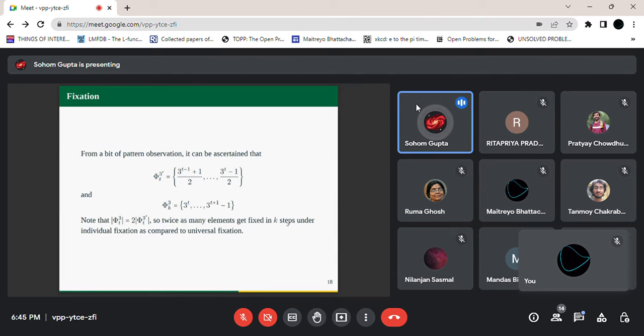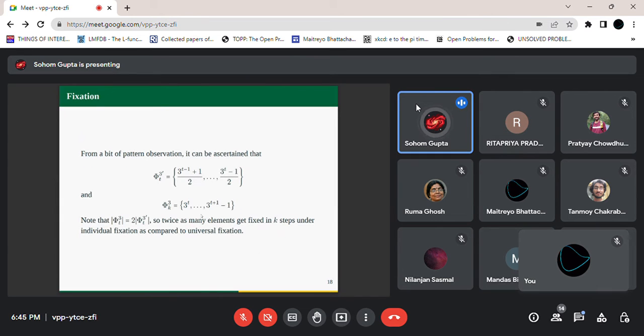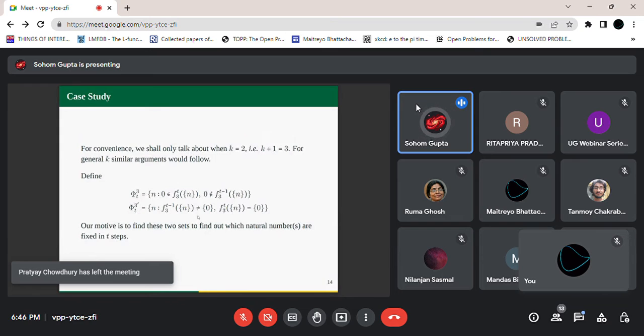So you can do some pattern observation on these trees given here. And if you try to observe those patterns and also analytically try to solve them, then you will see this thing. Let me just go back and confirm what these are. You see that phi 3 prime is universal fixation, while phi 3 without a prime is individual fixation.